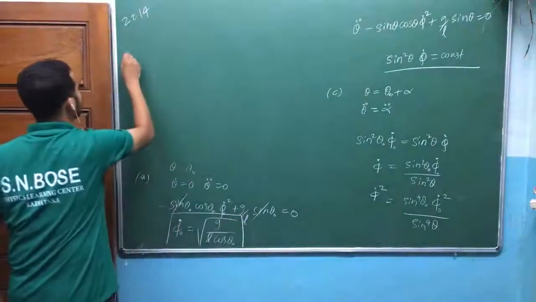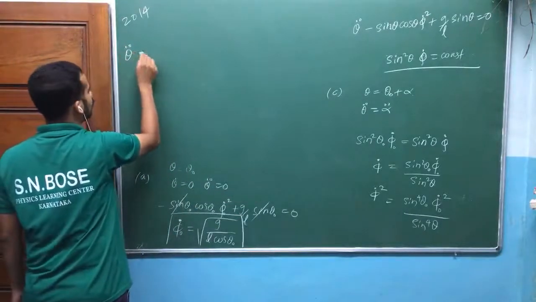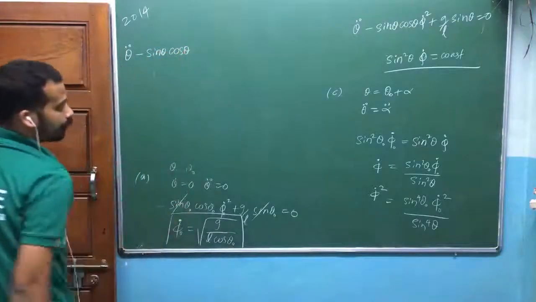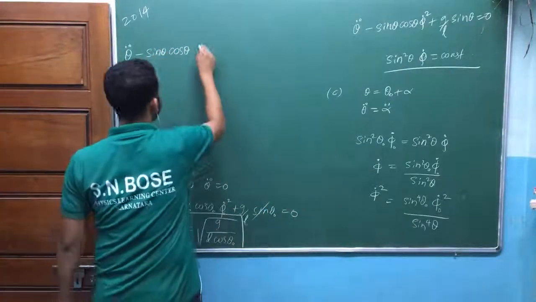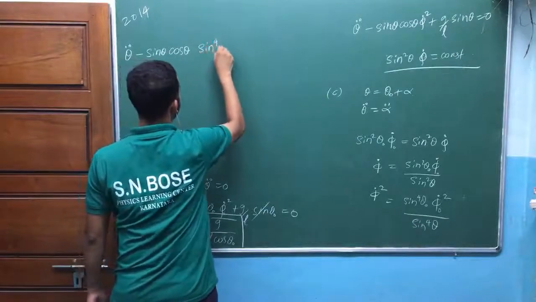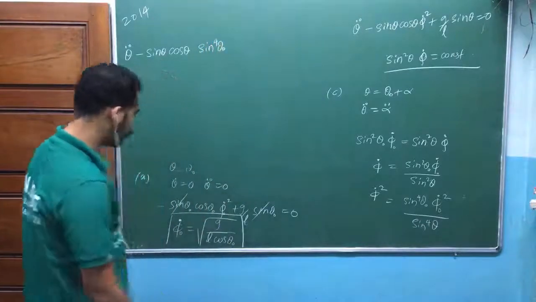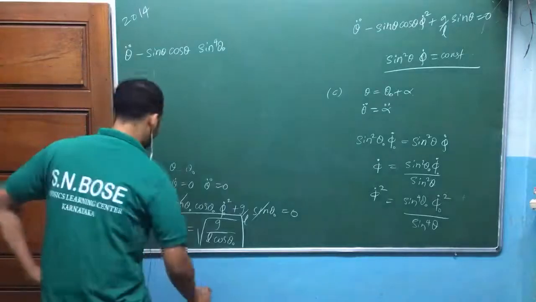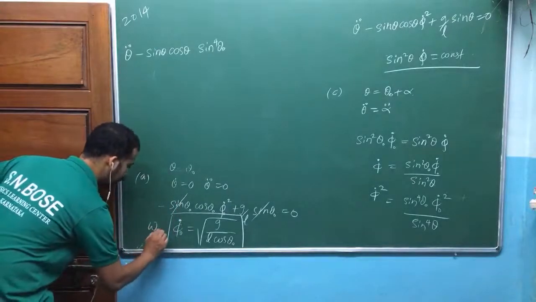Now I'm going to rewrite that equation: theta double dot minus sine theta cos theta phi dot square, sine raised to 4 theta naught into phi naught dot square. I can substitute this one. He has written that one as omega naught.